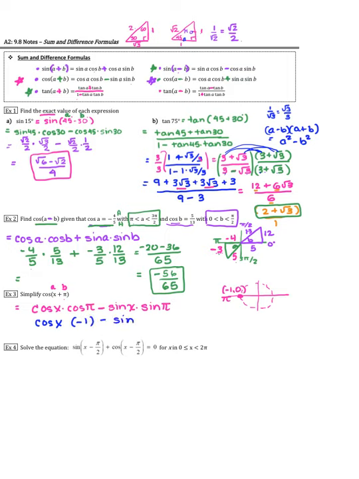Sine of x is just sine of x, can't do anything with that, but the sine of pi is 0. So this whole term just cancels to 0, because 0 times anything is 0. And this whole expression now simplifies to minus cosine x. So we have simplified it down to a very simple argument, just minus cosine x.